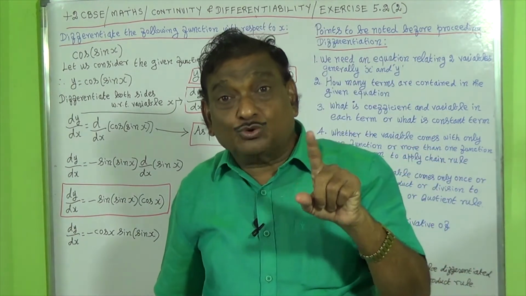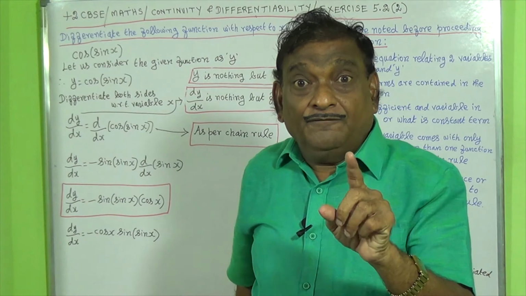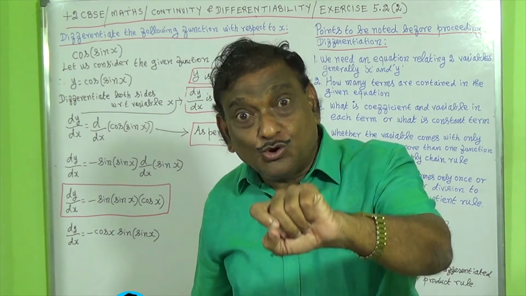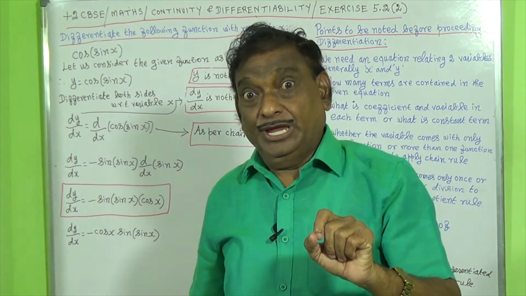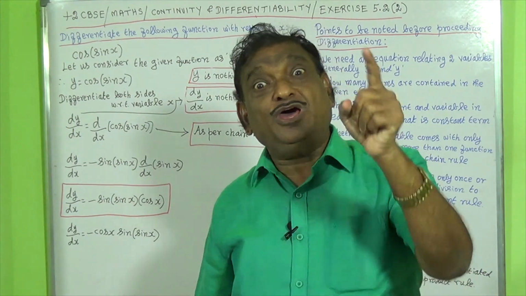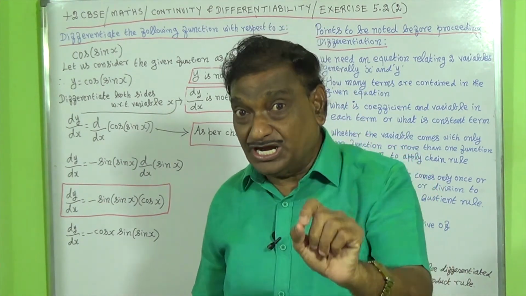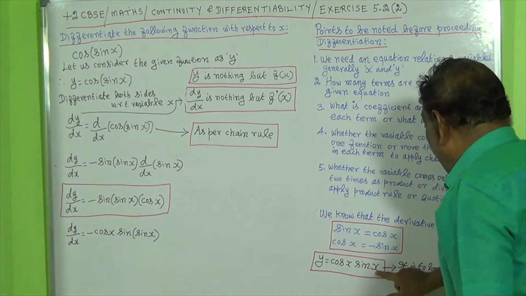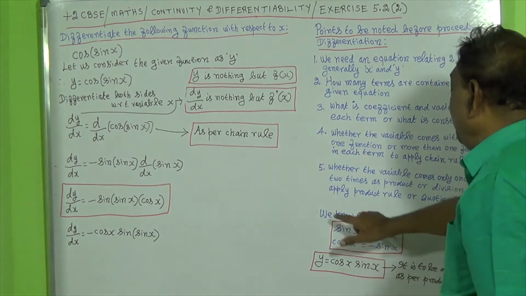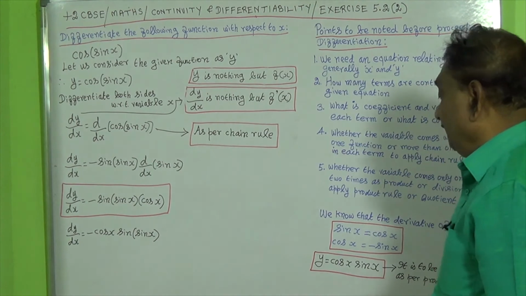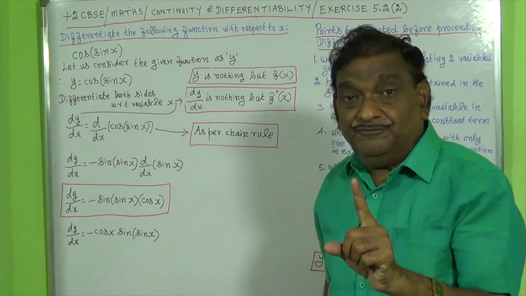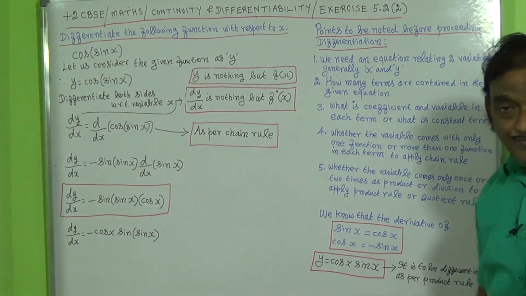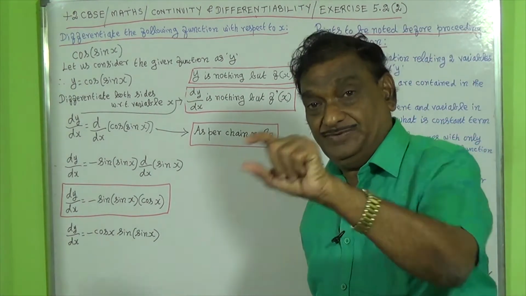Sometimes some students are confused about which rule they have to use, the chain rule or the product rule. If we have to differentiate as per the product rule, the given function should be in the form of y equal to cos x into sin x. That is, as per point 5, we should confirm whether the variable x comes only once or two times as product or division.